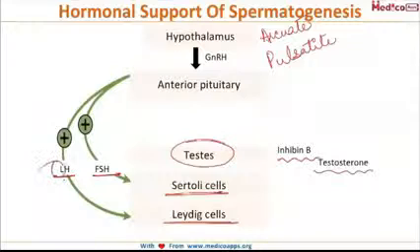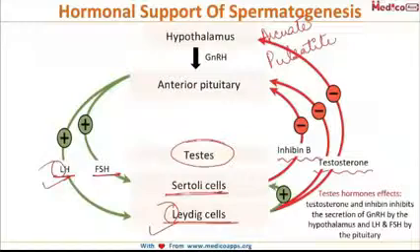L and L: LH receptors on the Leydig cells, and the remaining, FSH, has its receptor on the Sertoli cells. Now this Inhibin B and this testosterone have negative feedback action on the anterior pituitary as well as the hypothalamus, and so they inhibit the release of GnRH and LH and FSH.